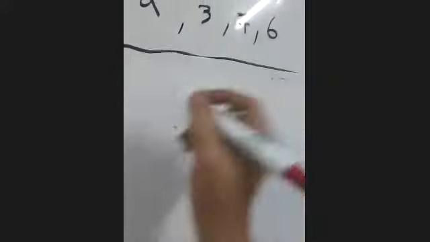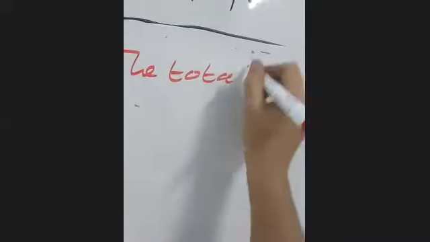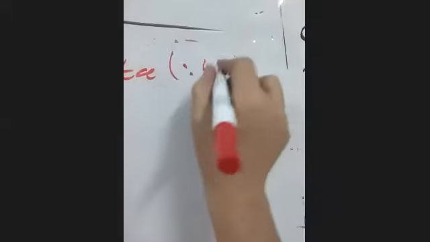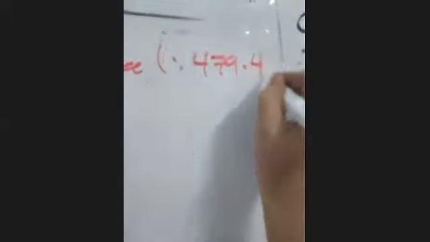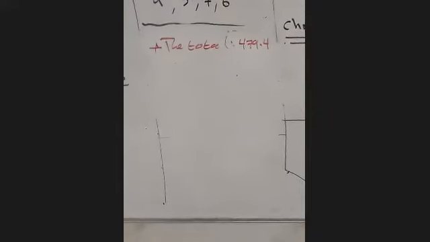Read. A box of Mason cereal contains 479.4 grams of cereal. But this is the total, right? Yes. The total of cereal is how much? 479.4 grams, right? Yes. Continue.